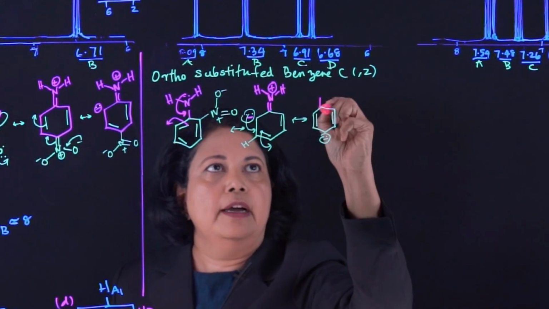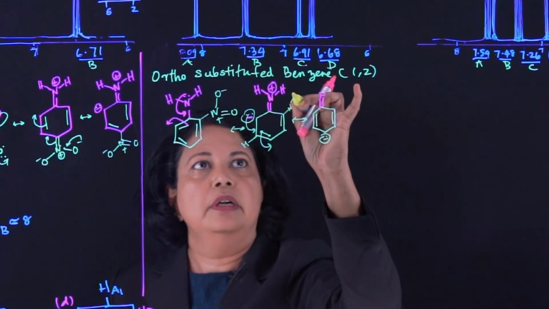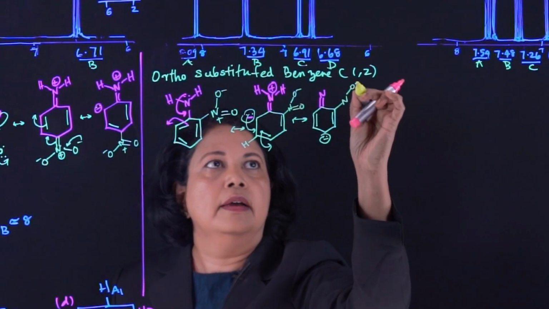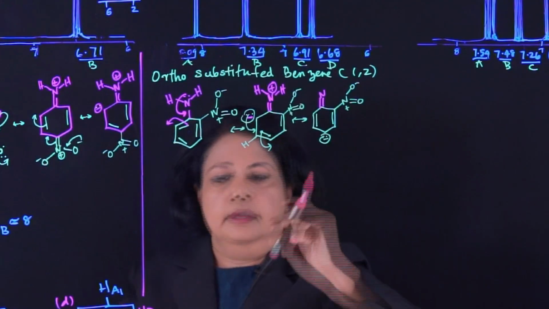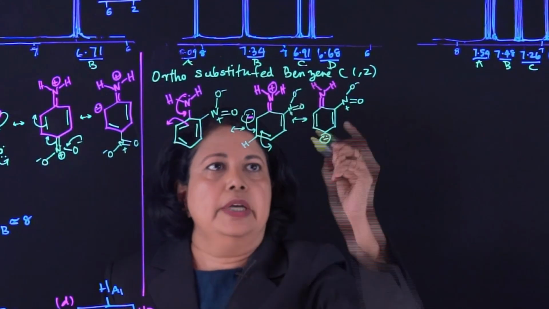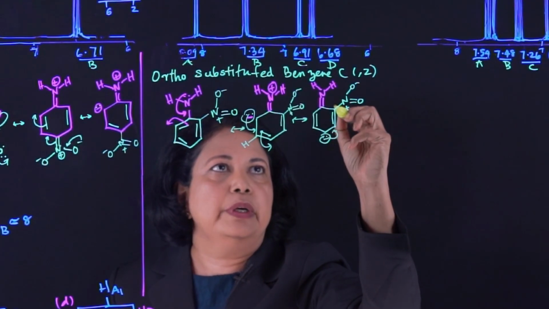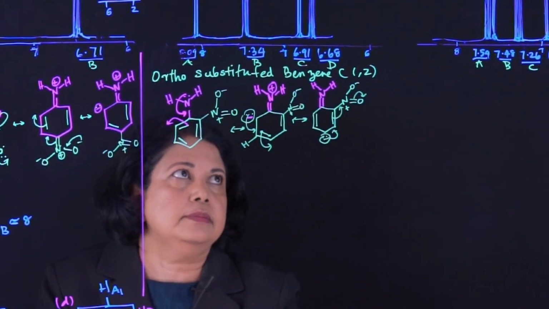Now, if you have your NO2 group, sorry, it is going to be here. And you can take these anions and travel around the ring, see the world. Well, in this case, there's no hydrogen, so I'm not going to put it here. I'm just going to put it all the way here.